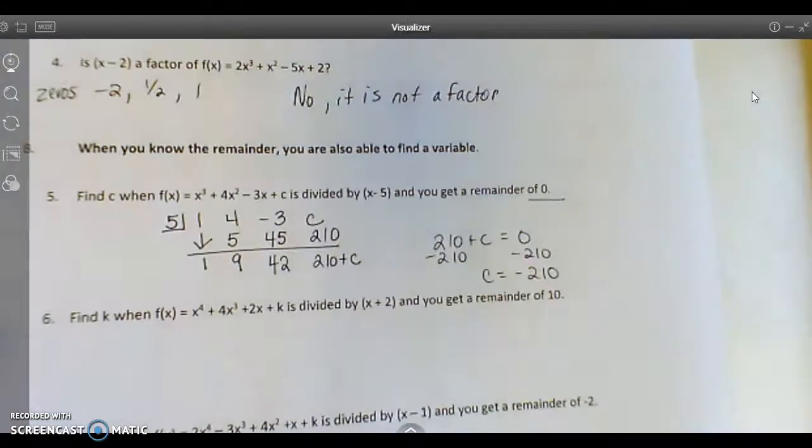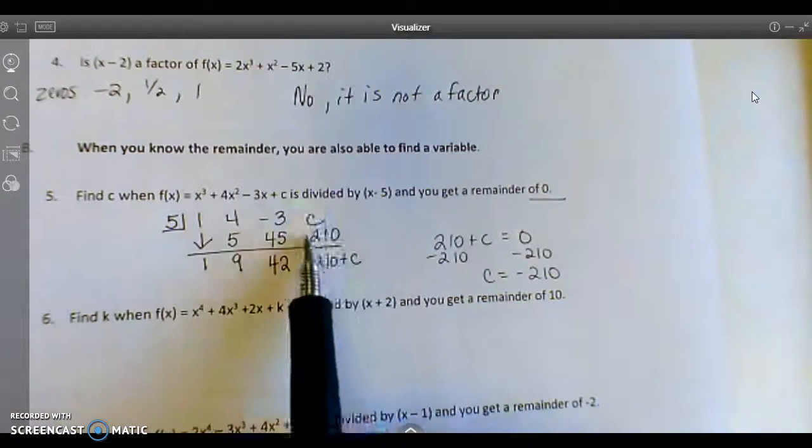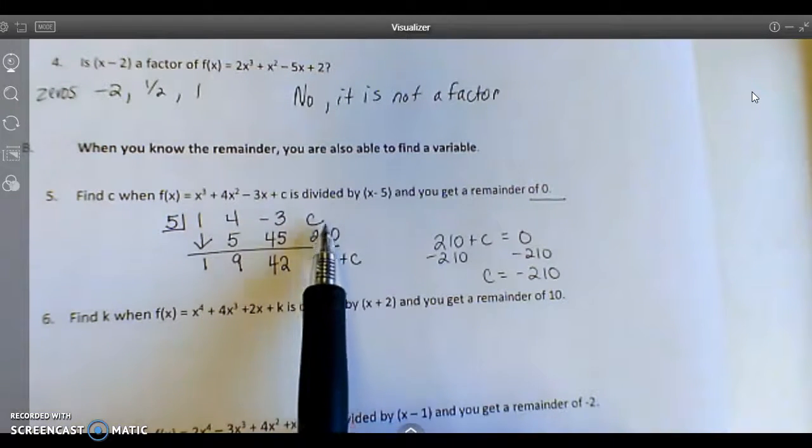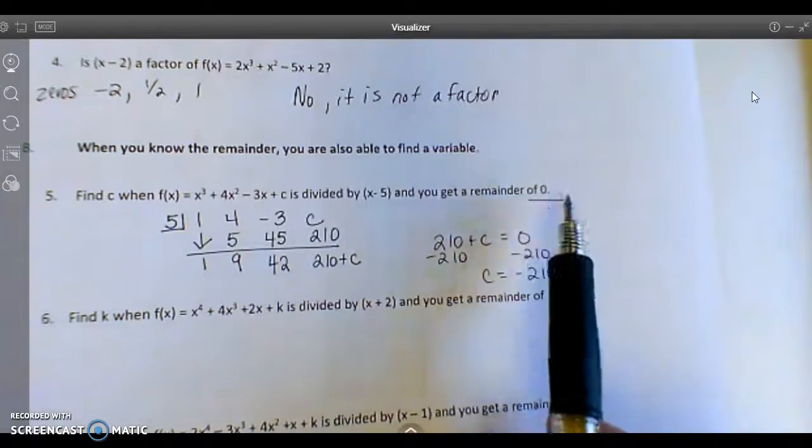And I get C is negative 210. Questions about number 5? So you divide it like we have been. At the very end, you'll get like a letter plus something or minus something. And you set that equal to the remainder.